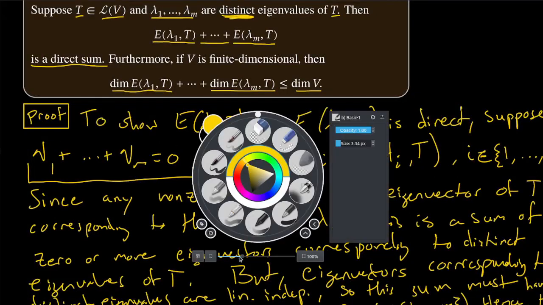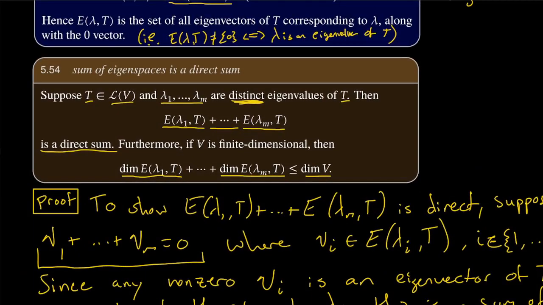The whole gist of everything we're doing here is just that, hey, if you take distinct eigenvalues and you sum together the eigenspaces corresponding to those eigenvalues, the only time you can get 0 as a sum of vectors, each coming from the terms in that sum of subspaces, the only way you can get 0 is by taking all of those vectors to be 0, since eigenvectors corresponding to distinct eigenvalues are linearly independent.